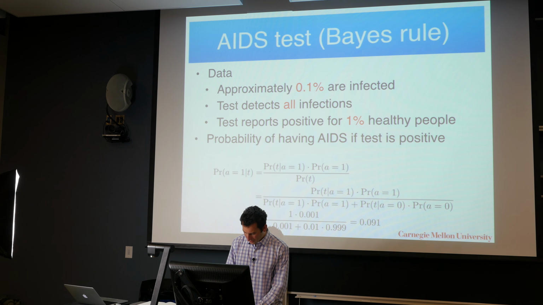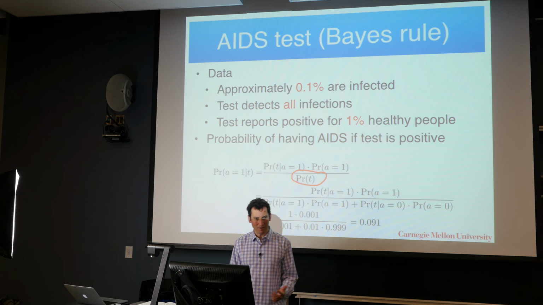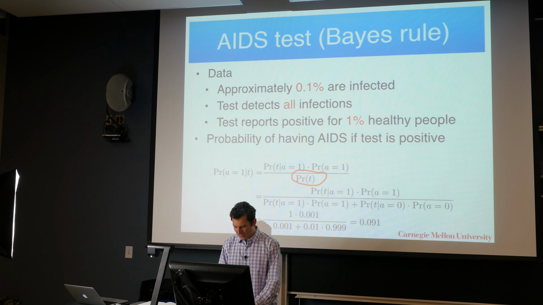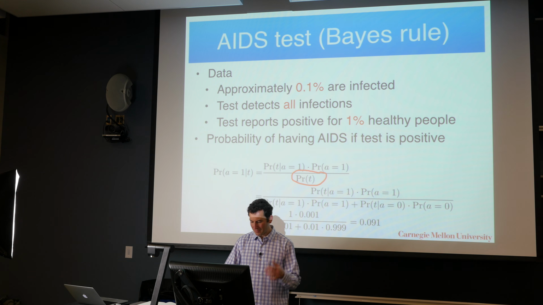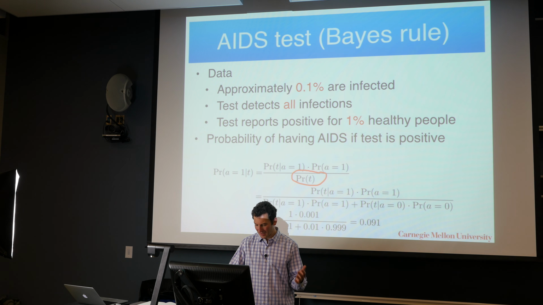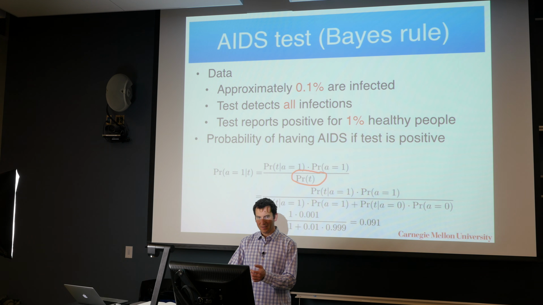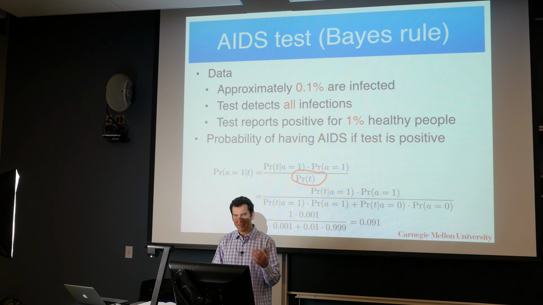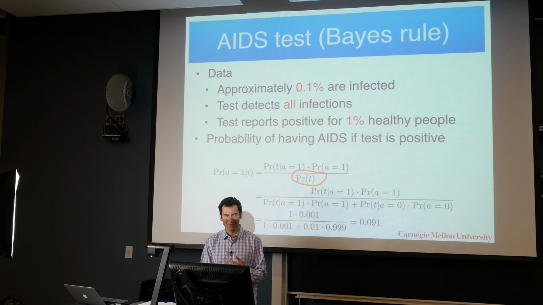So what we are basically now going to work out is what P of the test being positive is. And of course, I can write this as P of the test being positive, given that the person has AIDS, times the probability that the person has AIDS, plus the number of cases that the test comes back as positive, given that the person doesn't have AIDS.